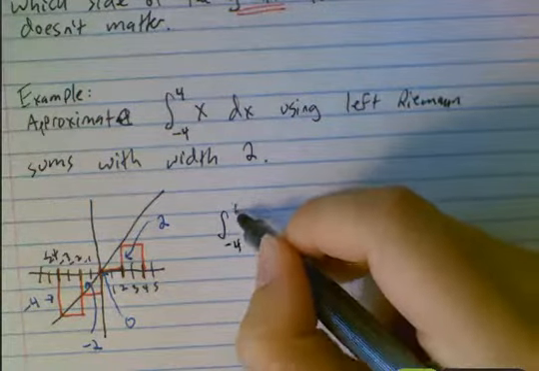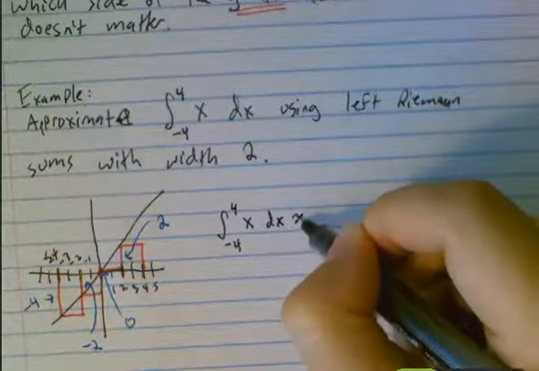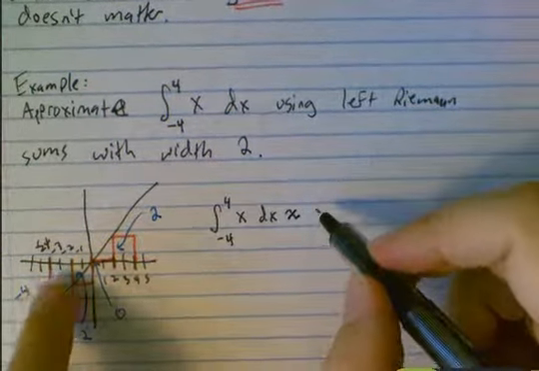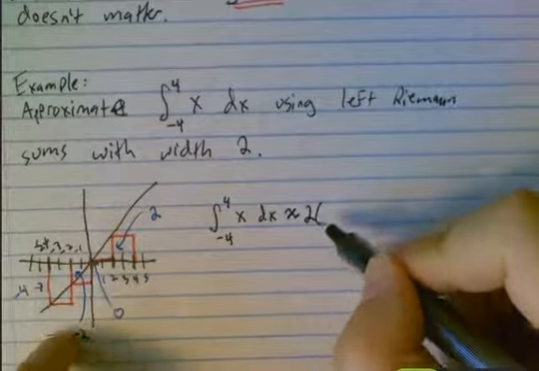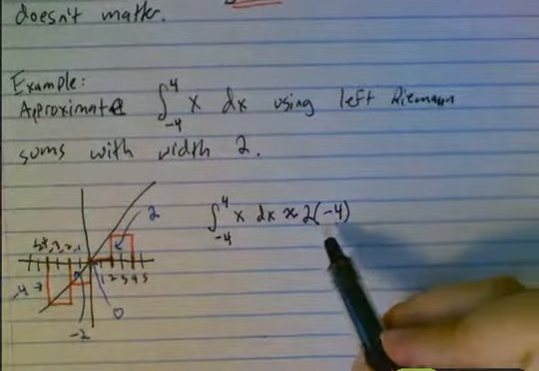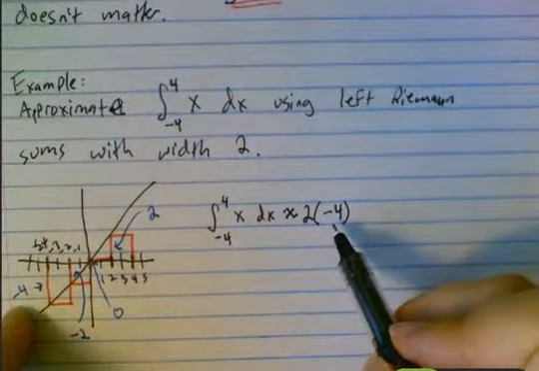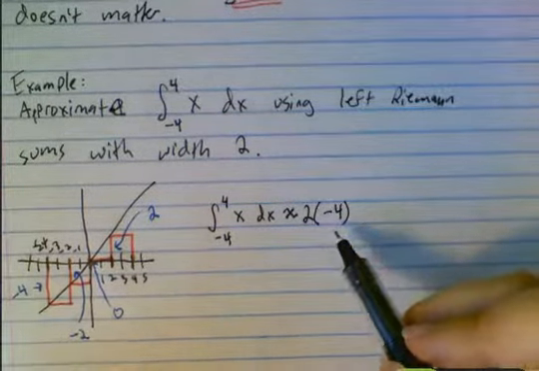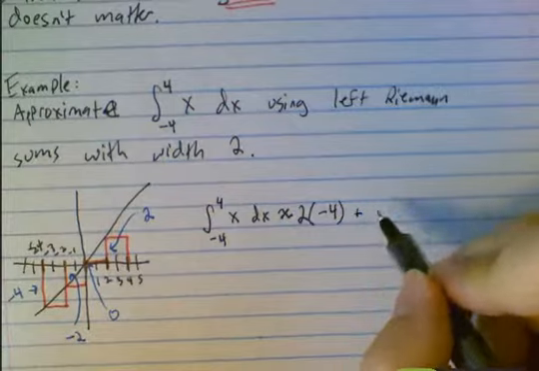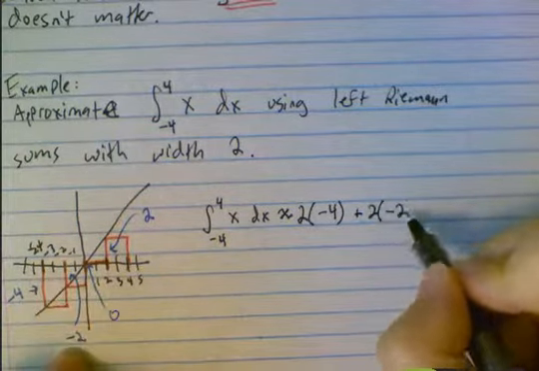So the integral from -4 to 4 of x dx approximately equals, this width right here is 2, this height is -4, and here it's the same thing. It's just height times width, and if the height happens to be negative, so what? This also has a width of 2 and a height of -2.